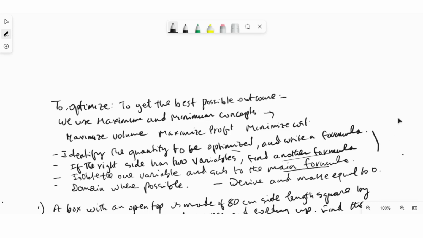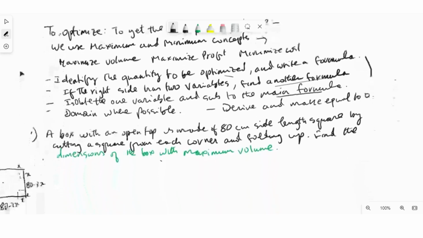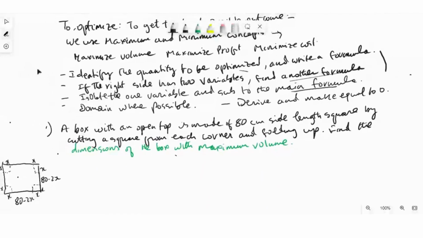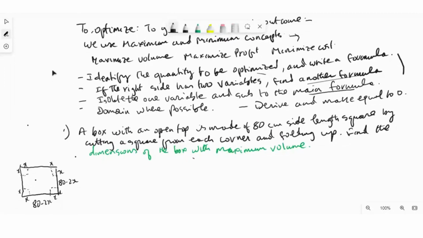So let's see a typical example for optimization. A box with an open top is made of 80 centimeters side. It's a square. We cut the corners as squares. We have 4 corners, so its length is x and x, x and x. So the side length of the box will be 80 minus 2x, 80 minus x minus x.